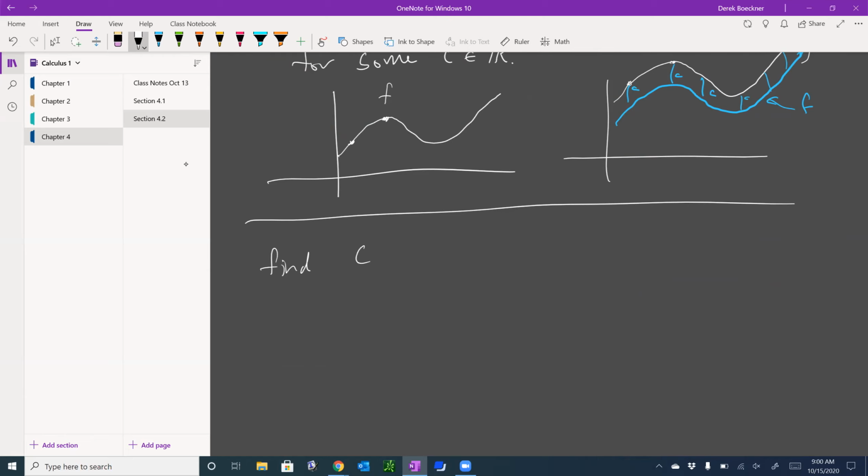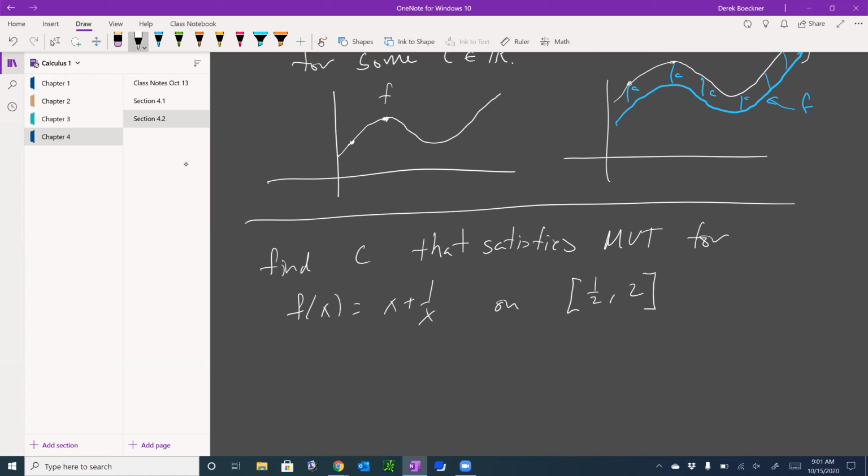Find C that satisfies the mean value theorem for f of x equals x plus 1 over x on [1/2, 2]. Okay. Is this a continuous function on [1/2, 2]? Yes.